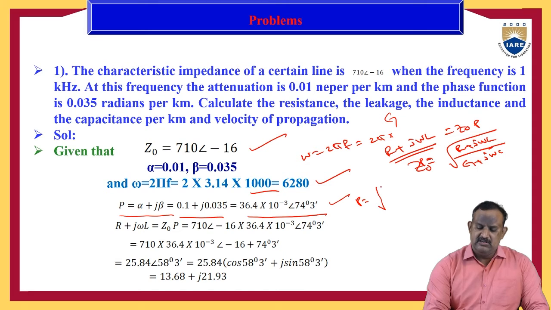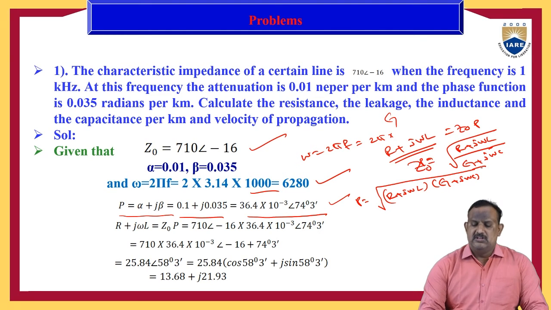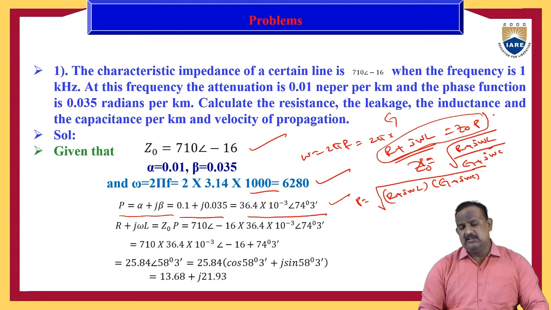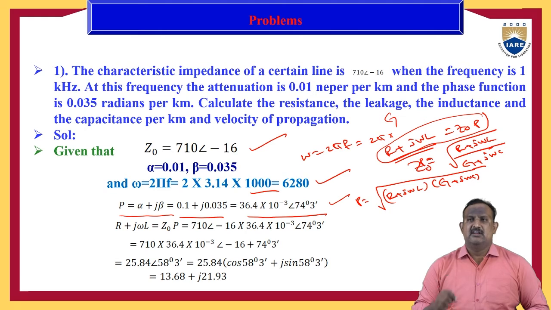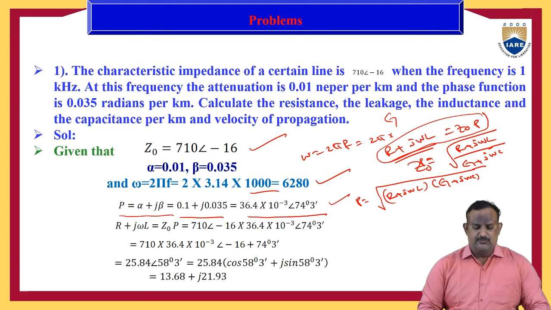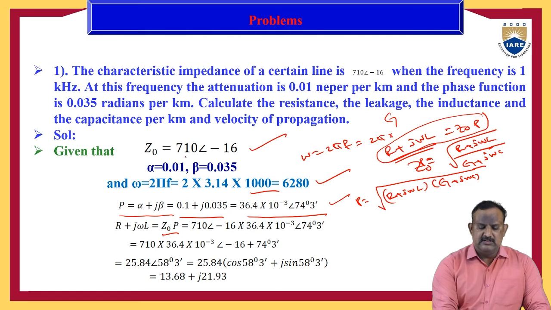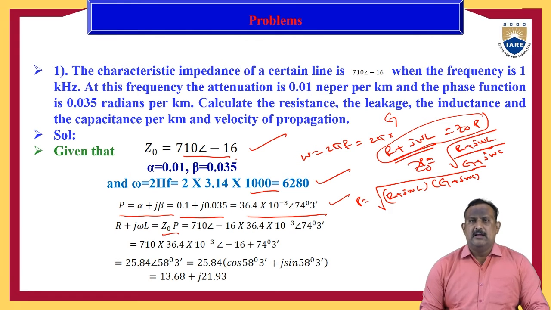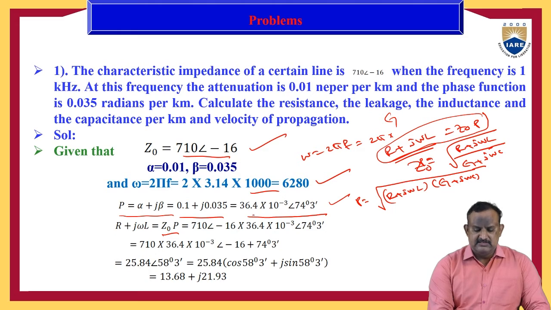So if you substitute, we can write R plus j omega L equal to Z0 into P, where Z0 is the characteristic impedance and P is the propagation constant. Therefore, substituting these two values, Z0 is 710 into angle minus 16 degrees and P is 36.4 into 10 power minus 3 with an angle of 74 degrees 3 minutes.